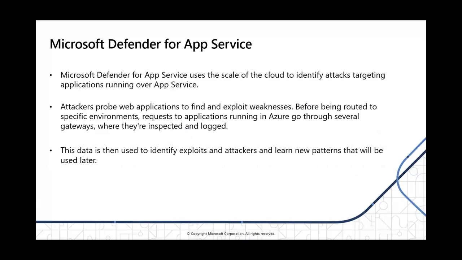By using the visibility that Azure has as a cloud provider, Defender for Cloud will analyze App Service internal logs to identify attack methodology on multiple targets. For example, one methodology would include widespread scanning and distributed attacks.